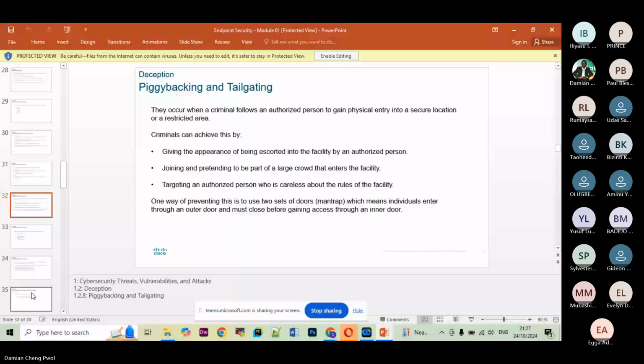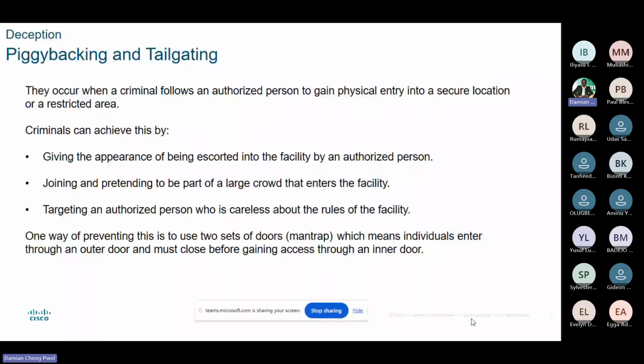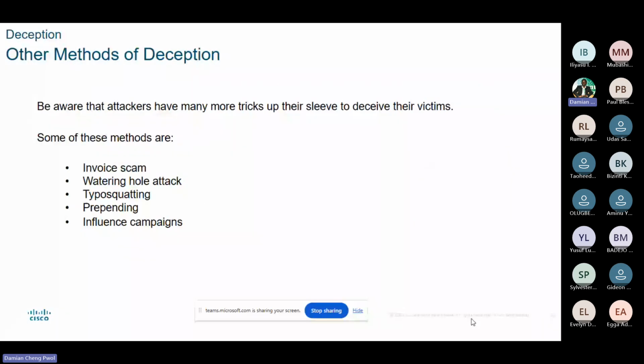We're done with this part. Other methods of deception: be aware that attackers have many more tricks up their sleeve to deceive their victims. These things are very common in our society, in Nigeria especially. All these Yahoo boys come up with different ways, different tricks. Even when a trick has been discovered by people, they come up with a new one.